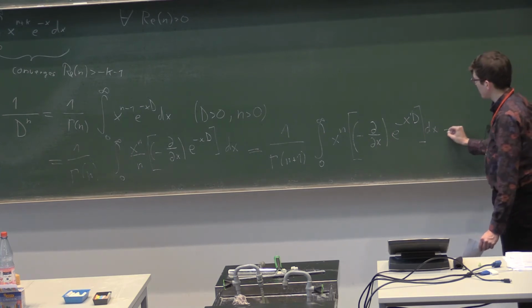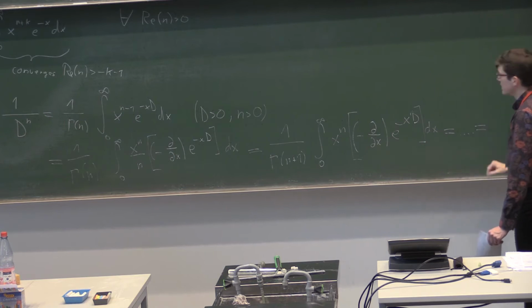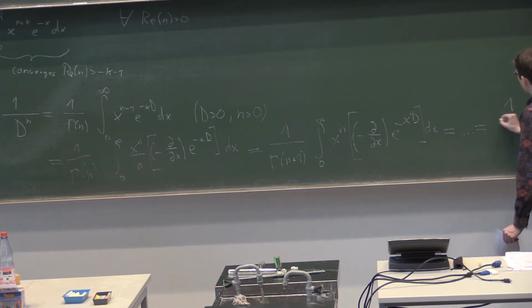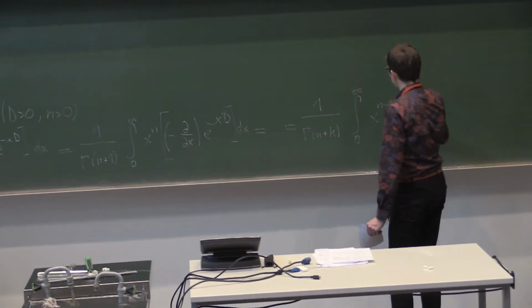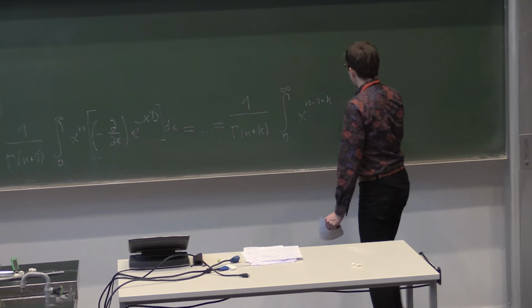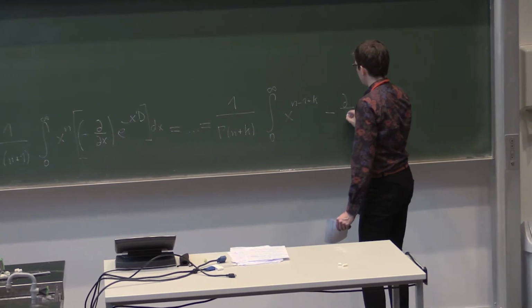And again, of course, you can repeat this any number of times. So what you end up with is gamma of n plus k, if you do this k times, and you have the integral of x to the n minus 1 plus k, and then you have k derivatives.